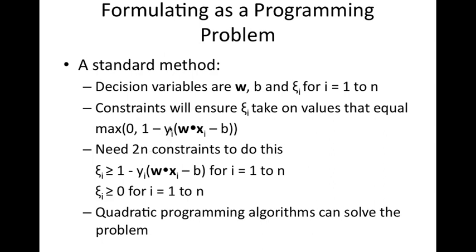To have xi equal the value we want, we need 2n constraints, so 2 constraints for each data point. One is that xi is greater than or equal to this quantity. And the second, that xi is greater than or equal to 0.